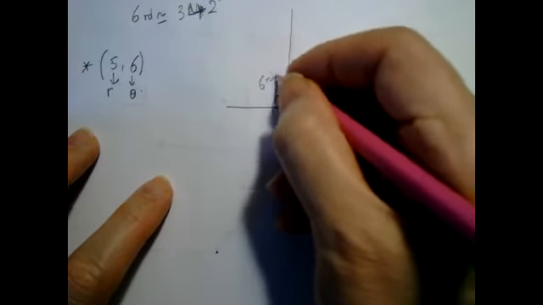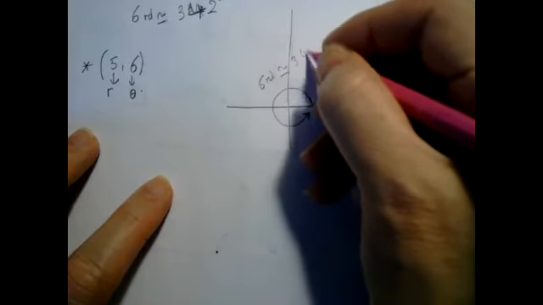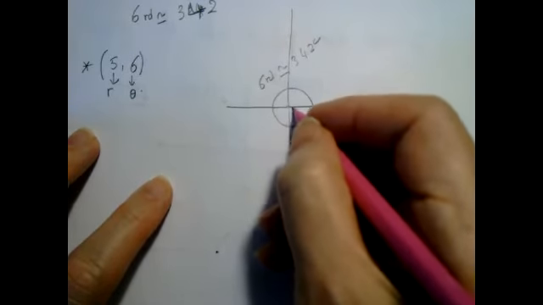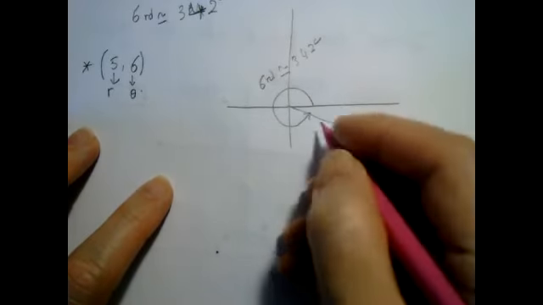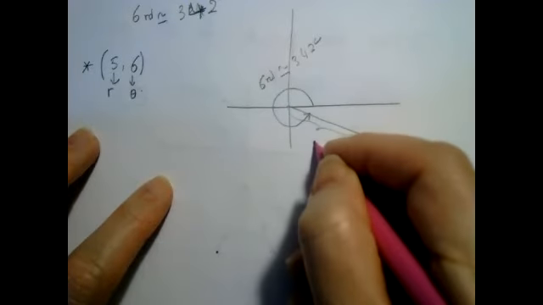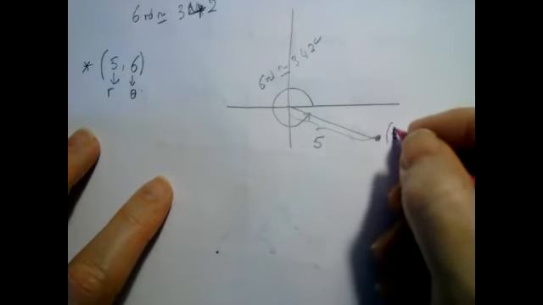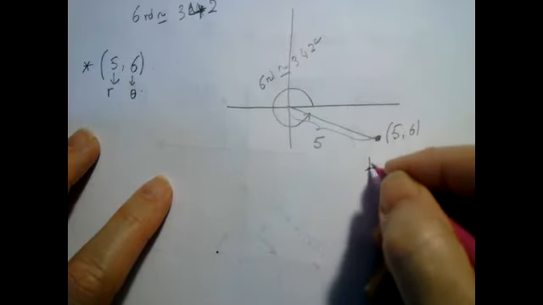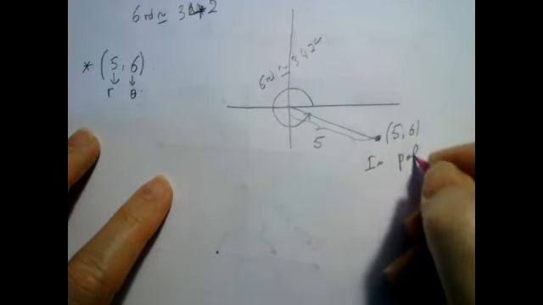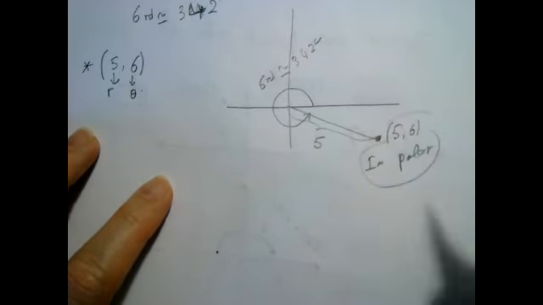That's 6 radian. It means 342 degrees. And I need to go 5 units away. So this is my r, that's 5 units away. So this point is (5, 6), but this is in polar. So those are the polar coordinates.